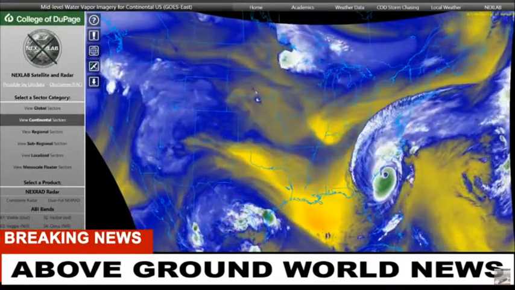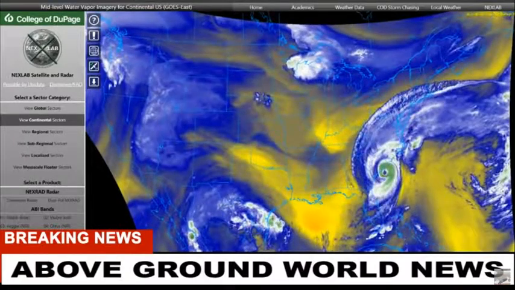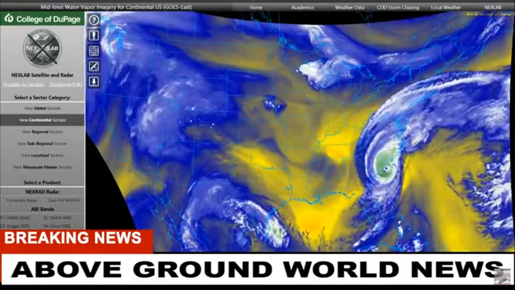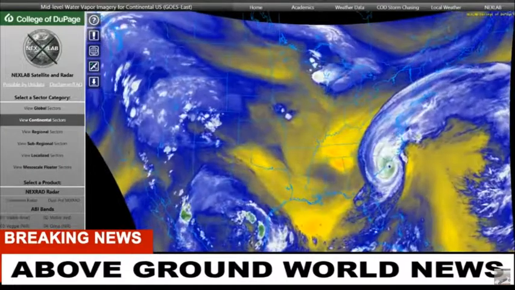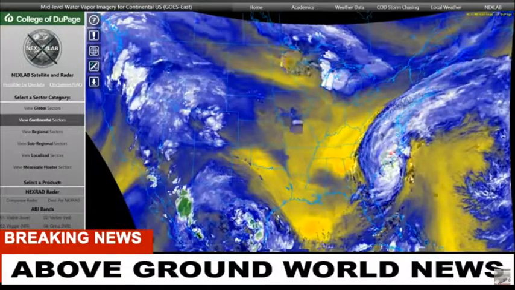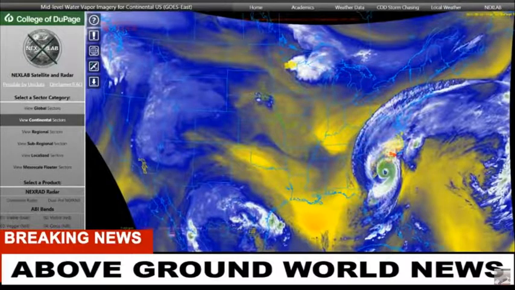Without that lightning, you have no electrical motion. The thing goes round and round. When that lightning stops, the hurricane stops dead in its tracks. If there's a balance between the inner band and the outer band of lightning, the hurricane goes west.